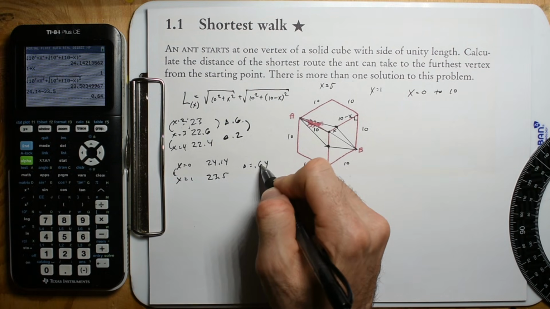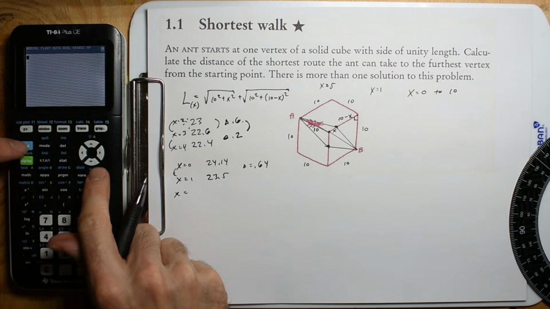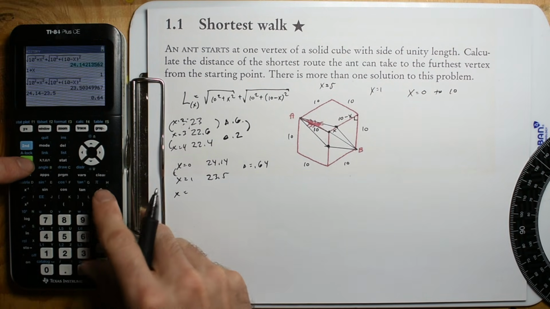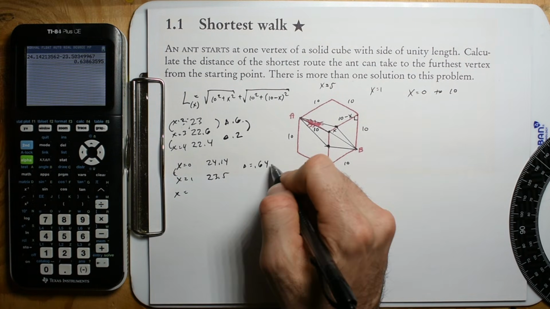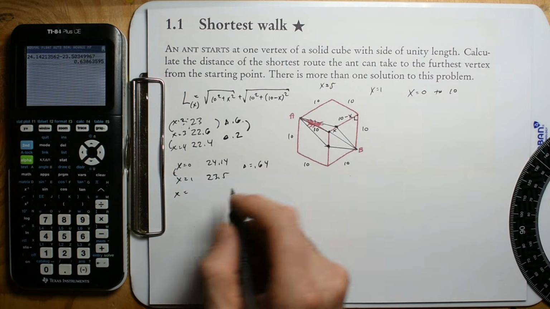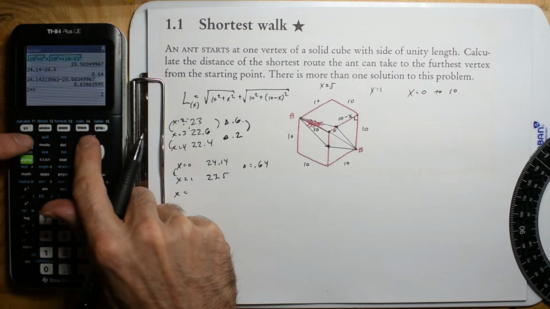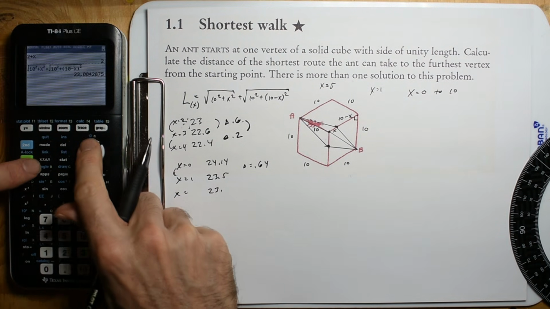Yeah, 24.14 minus 23.5 is 0.64. Let's do this all the way down. We have this term minus this term, and we get 0.64, good enough. When x is 2, we get 23.